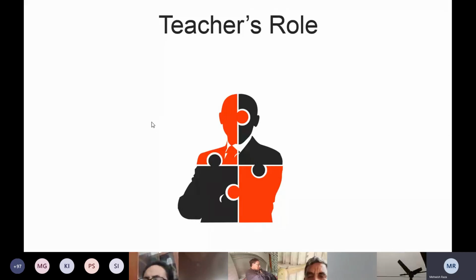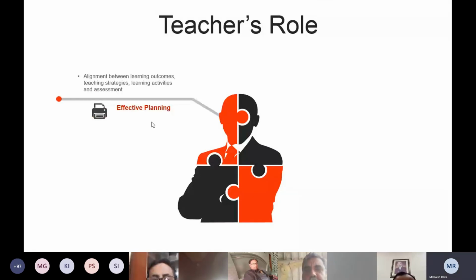And when you understand your role, you will be able to adapt to the situation. You'll be able to adapt to the context of your students, and you'll be able to find the meaning of effective teaching in your own context. So that's what I'm trying to help you in doing. I'm trying to help you understand the expectations and to understand your role as instructors.